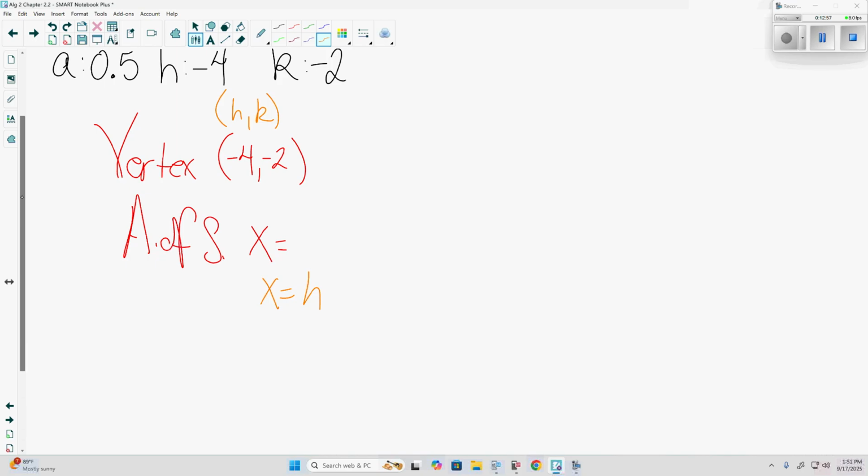What would the axis of symmetry be? x equals h, so x equals -4. Questions on how we found the vertex or the axis of symmetry? Okay.